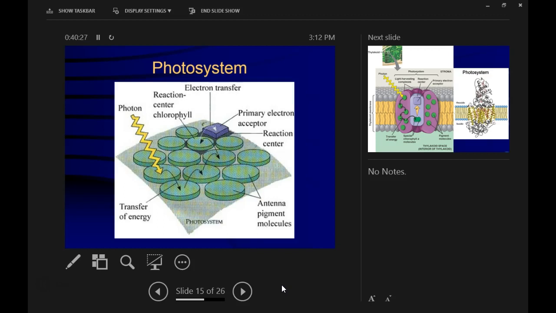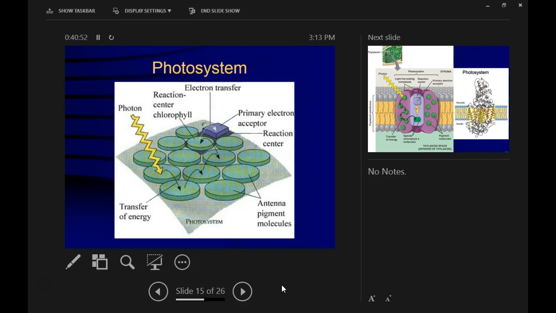You see the little reaction center right there, the one that's represented by a square? This is pretty much the same as these, but they're kind of special. It's a pair of chlorophyll molecules that will play a central role in converting light energy into chemical energy.